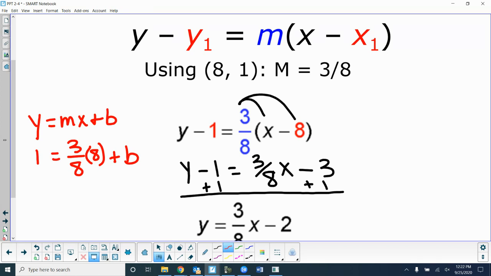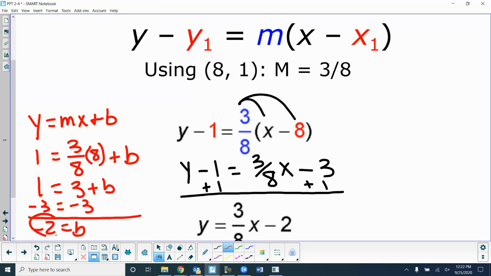Put the 8 in for the X, 1 in for the Y, 3/8 for the M, and then we're going to solve for B. And what should we get when I solve for B? -2. Watch. What do we say happens to the 8's? Cancel, right? What's 1 minus 3? -2. So you just take this and put it in there. Does that make sense?